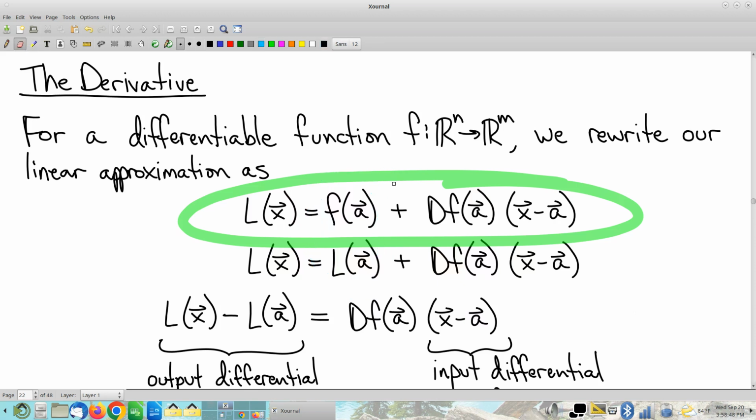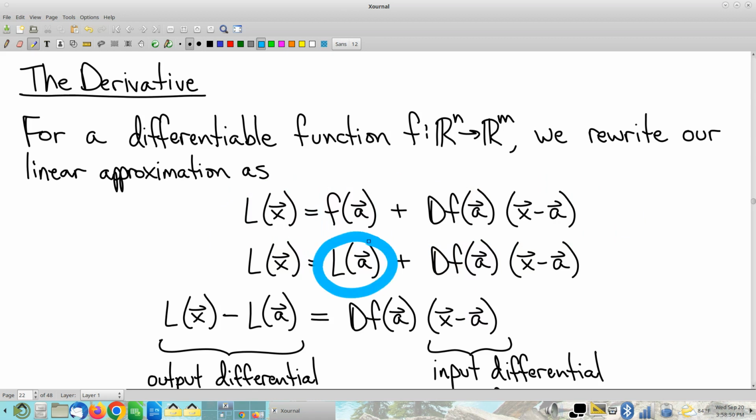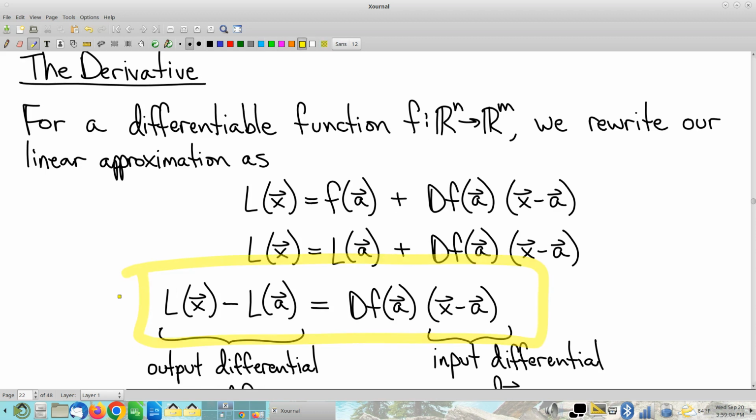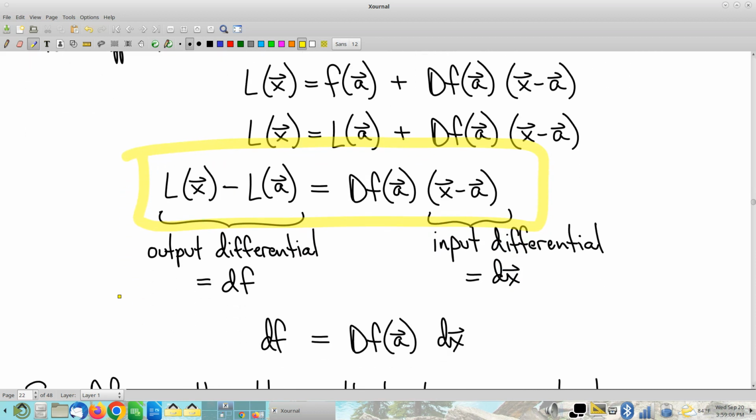Having done that, let me observe I can take this and whip it over to the other side of the equation. Just subtract it on over there. Okay. Now I want to look at this equation here. And what can I say about that equation? Let's look at the right-hand side.